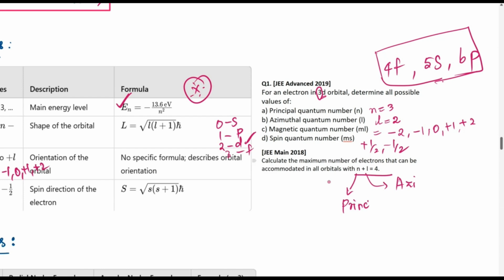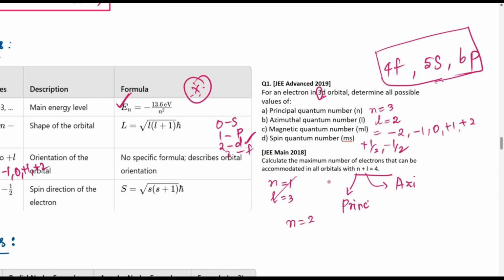So in total I have to get 4. Let's say n is equal to 1 and l is equal to 3. Is it possible? For the first shell, l can't be 3, right? The first shell has only one subshell, that is s, that is l is equal to 0. So this combination is not possible.